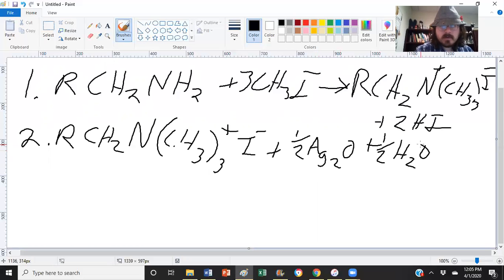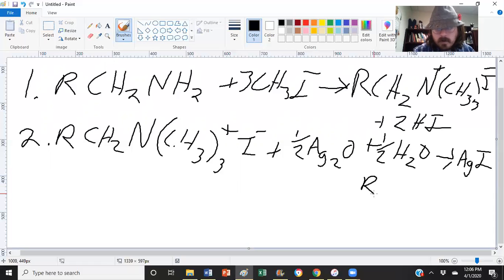If we have 2 silvers, we can essentially do this twice per amine. What that's going to do is form a silver iodide salt, and we're going to form hydroxide. So we're essentially exchanging the iodides with OHs.